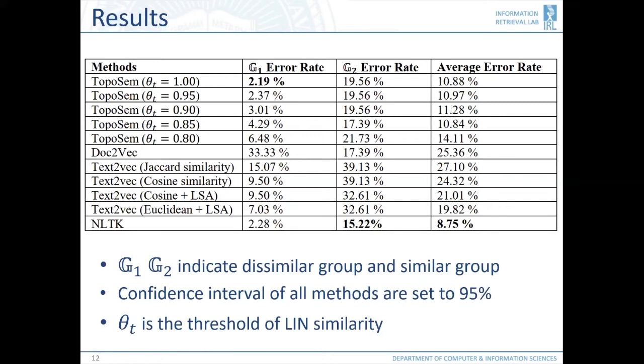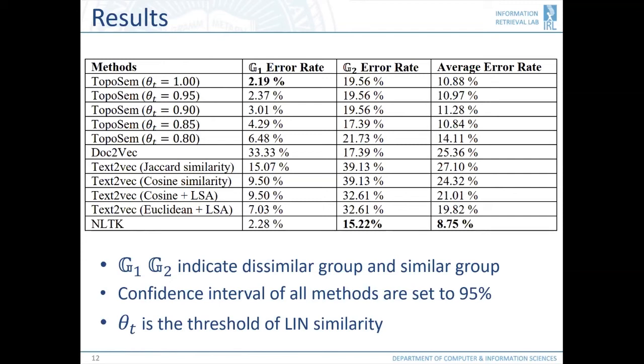In this chart, we can see that our method, TopSim, achieved the best result in the G1 dissimilar group, with an error rate of only 2.19%. But in the similar group, our result is not the best. We cannot beat NLTK, which is the old widely used toolkit in Python.